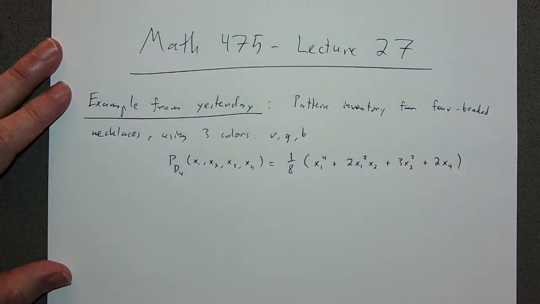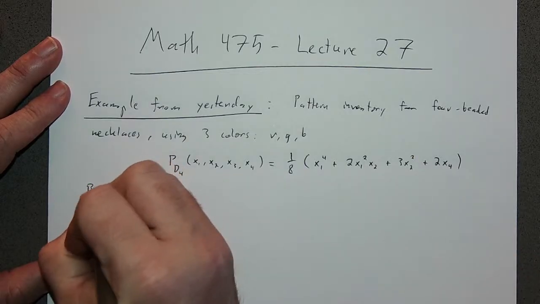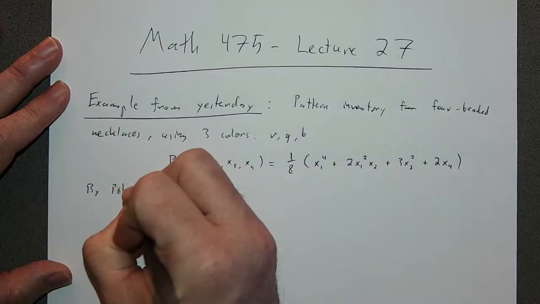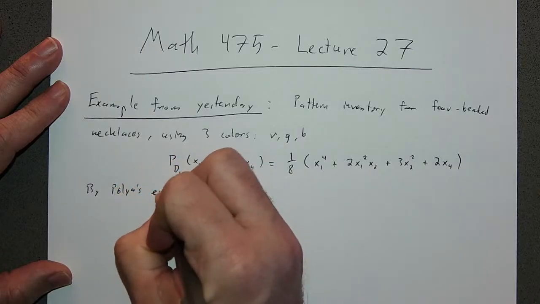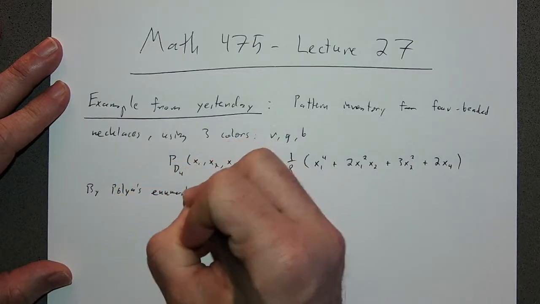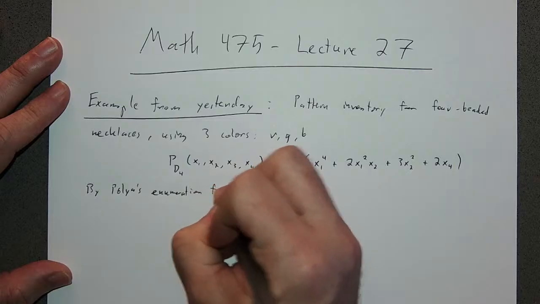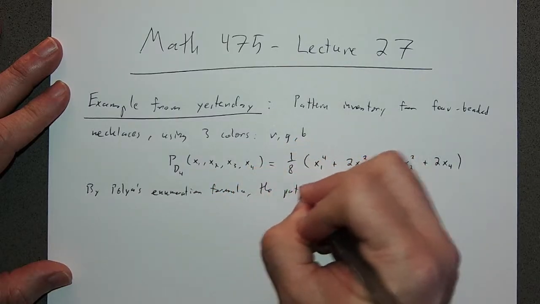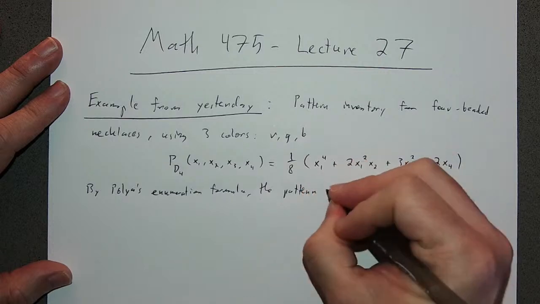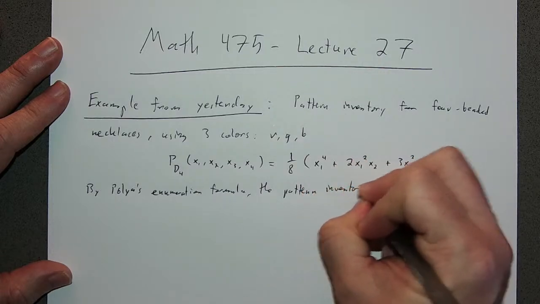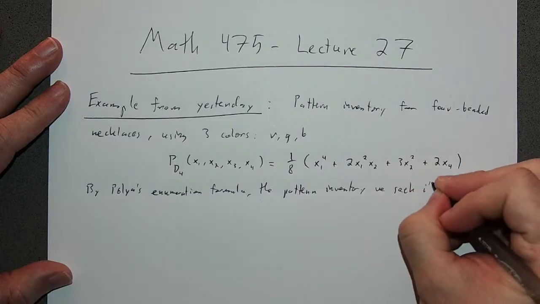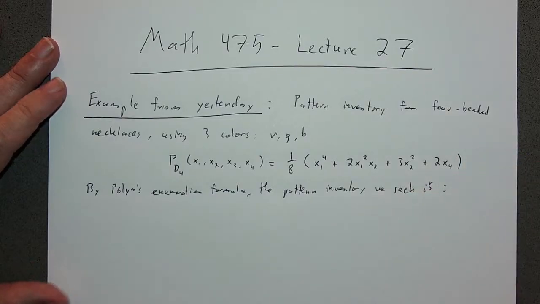Now, by Polya's enumeration formula, the pattern inventory we seek is the following.